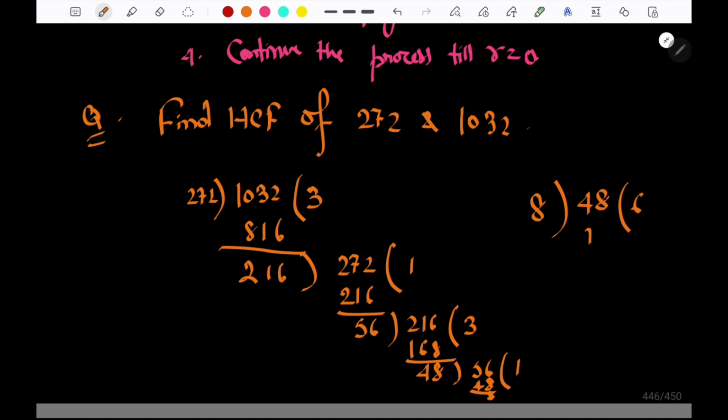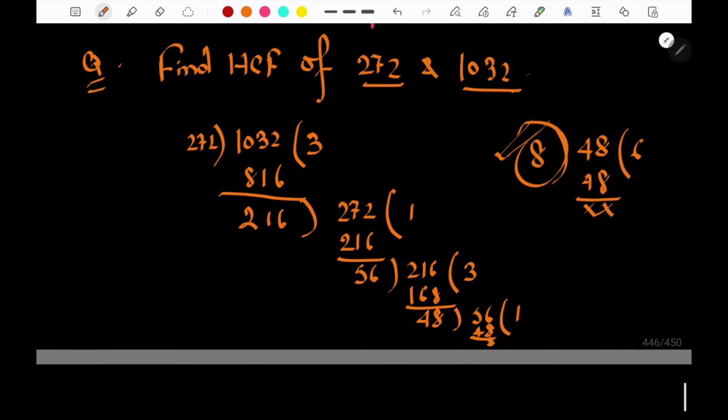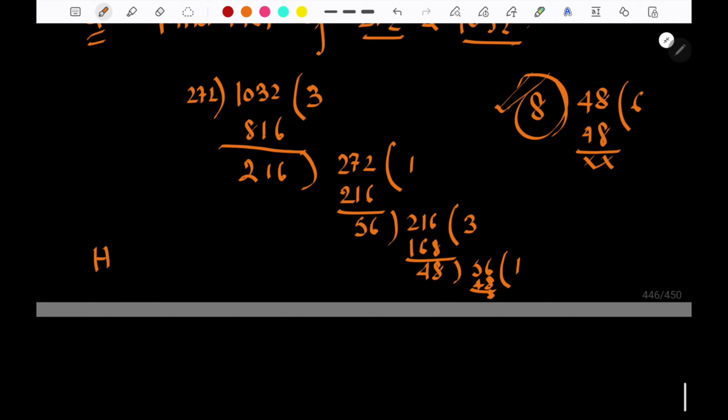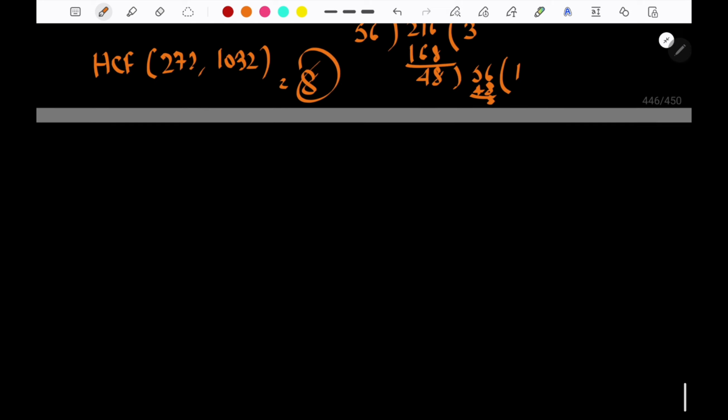So 8 times 6 is 48 and the remainder turns out to be 0. So 8 divides both 272 and 1032 and that is the highest common factor for them. So HCF of 272 and 1032 is equal to 8. Done.